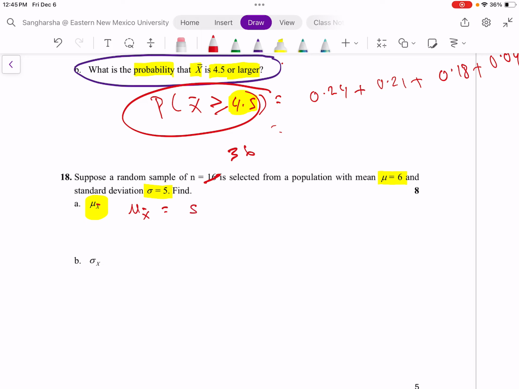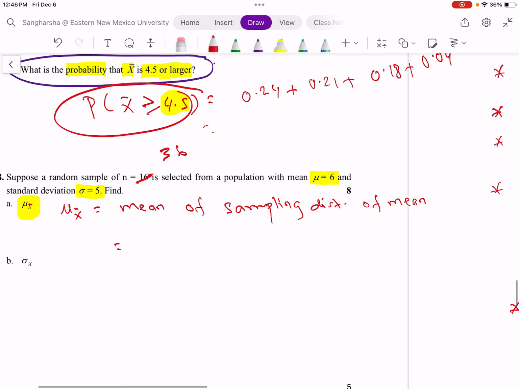And what do we use here? Let me write down what this means. This is the mean of the sampling distribution of the mean.